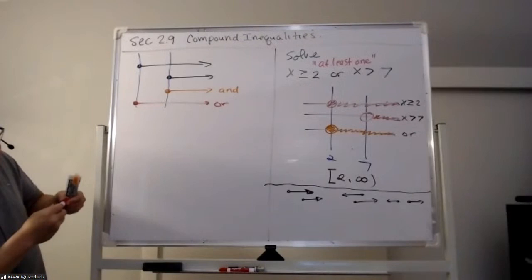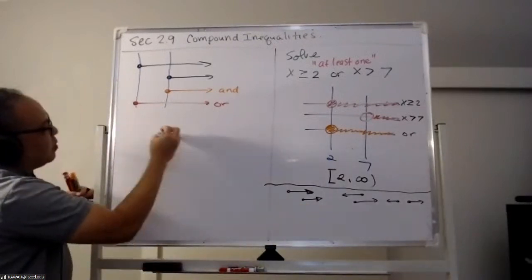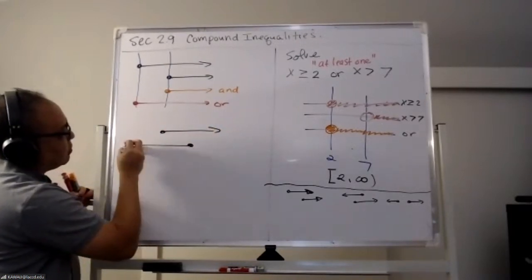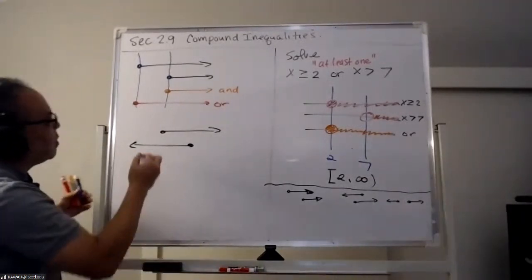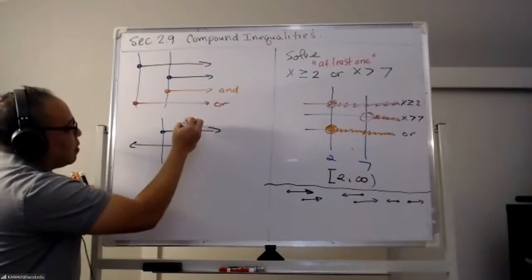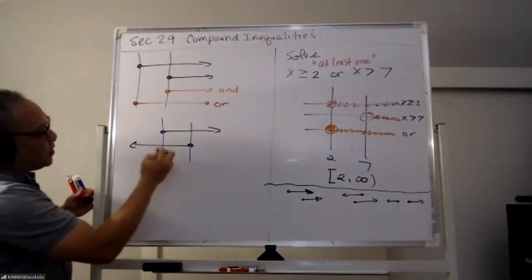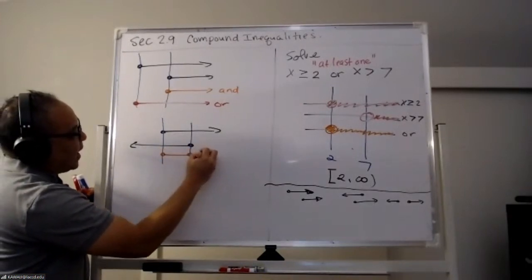Okay. If we were to look at this one here, where I have one going this direction and one going that direction, if you ask me where their overlap is, that would be and.